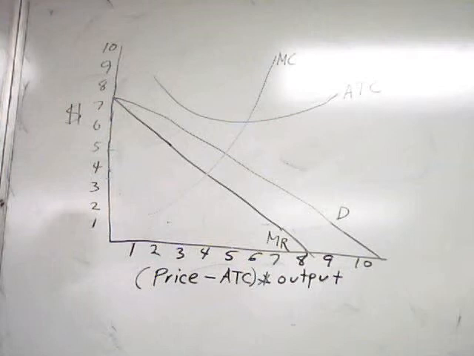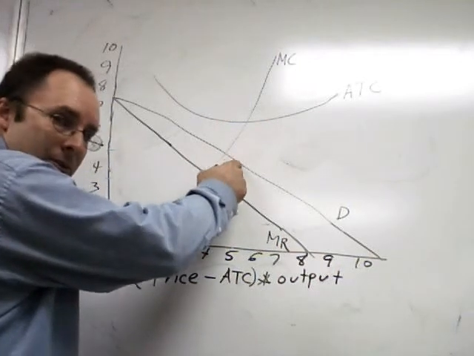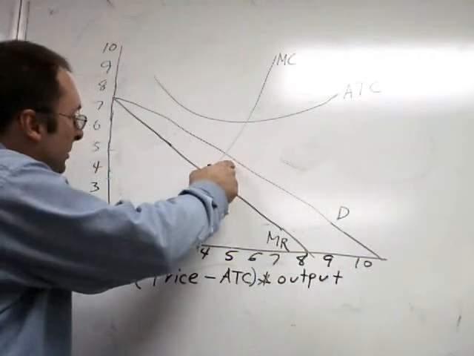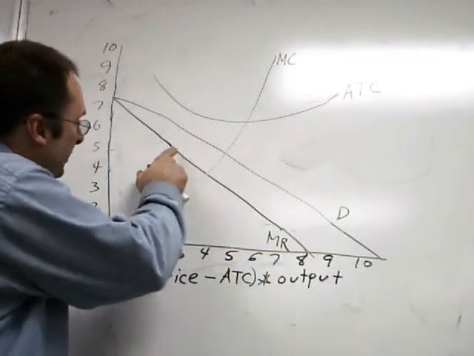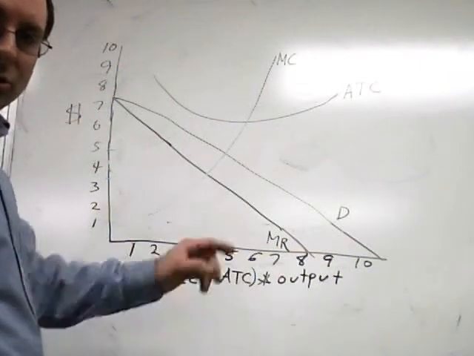They're separate lines because since the firm only has one price, when they start dropping the price, they not only have to drop the price on all these units out here, they have to drop it on all these previous units. So that decreases their marginal revenue.